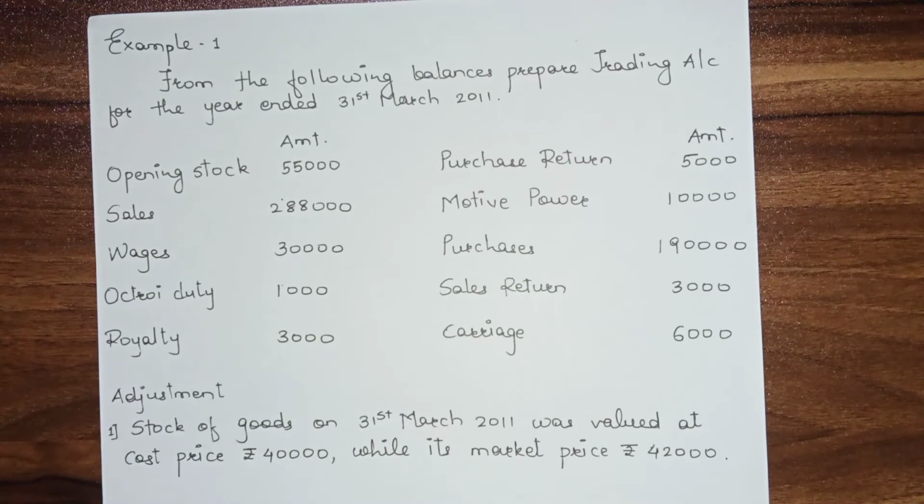Royalty 3,000. Now, royalty means, if I am a lessor and you are a lessee, just assume that I am giving you an asset. Let us consider I am giving you machinery on rent for use in your industry or company.